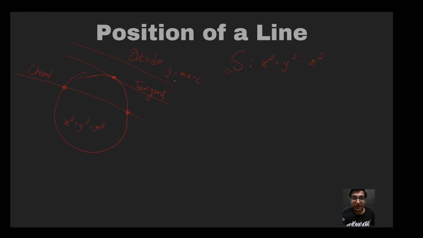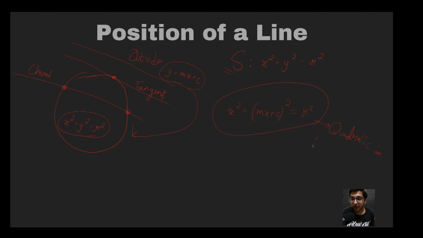If I put the equation of this straight line and this circle together, and I try to make a quadratic, let's say if I put the value of y, mx plus c, in this equation, what would I get? x square plus mx plus c whole square equals r square. I'm getting a quadratic in terms of x.